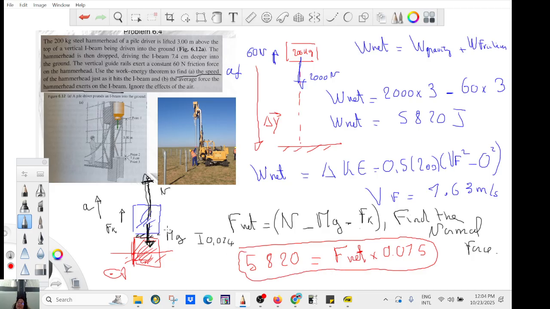All that energy is going to do work on the pole. That will be the net force times the distance. Then you find the net force, and then you find the normal force. At the end, we can go back next time, but you're going to find that the normal force is 40 times the weight. You see, 40 times the weight.